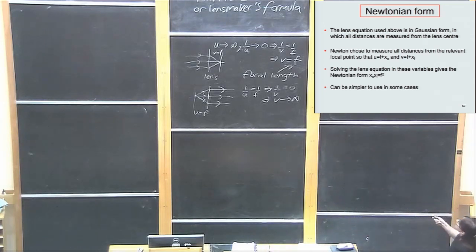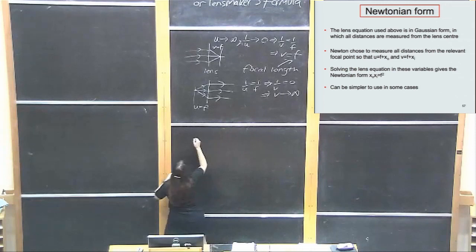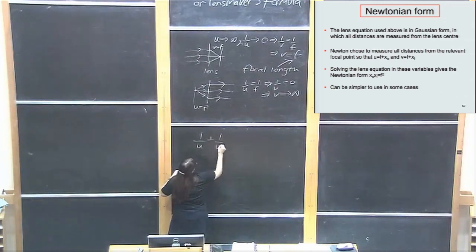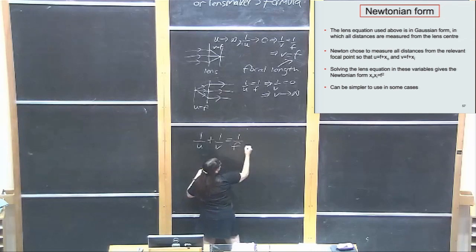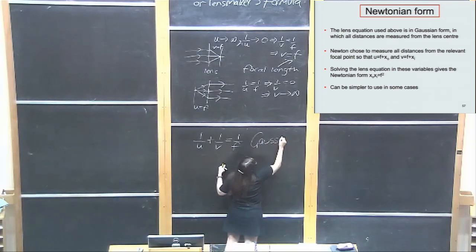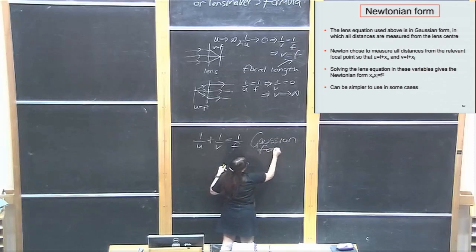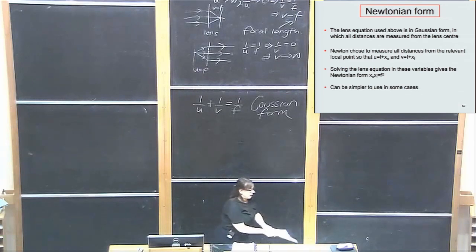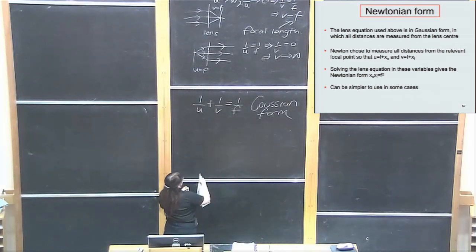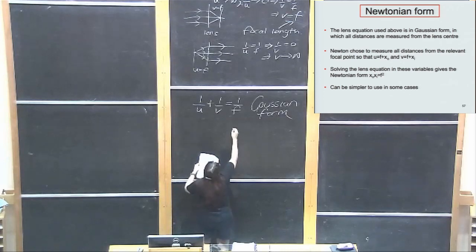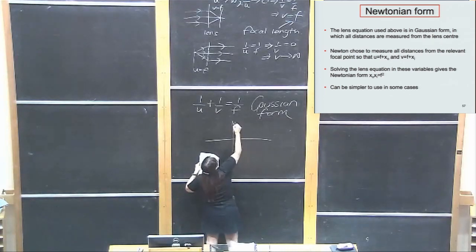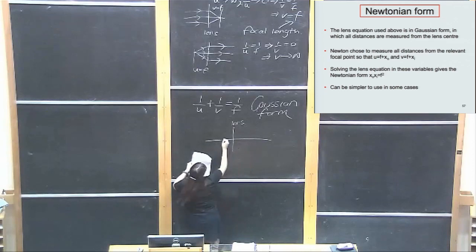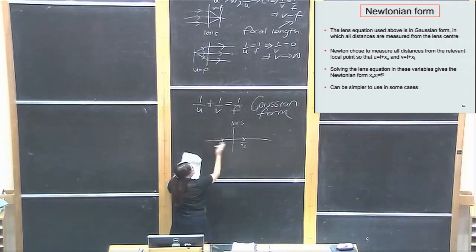So what we have written up here, let me write it again, in fact. 1 over u plus 1 over v equals 1 over f is called the Gaussian form of the lens equation. That is just the form that is most commonly used now, where the object and image distances are measured with respect to the lens.